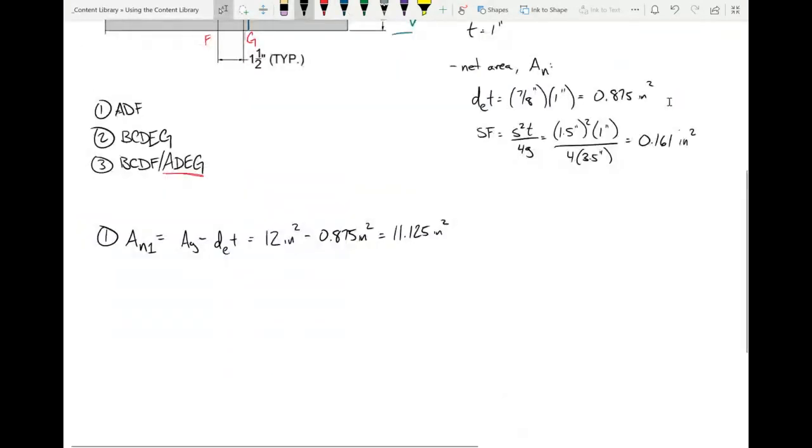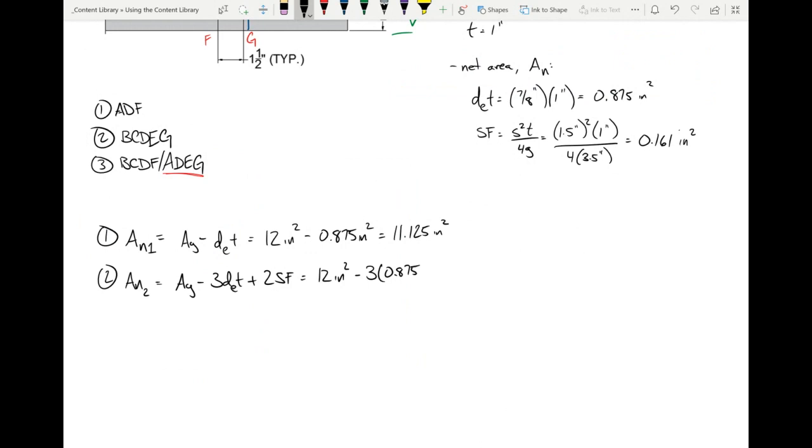So our second net area for this second path, this BCDEG, is the gross area minus 3 bolt holes plus 2 stagger factors. So 12 minus 3 times 0.875 plus 2 times 0.161.